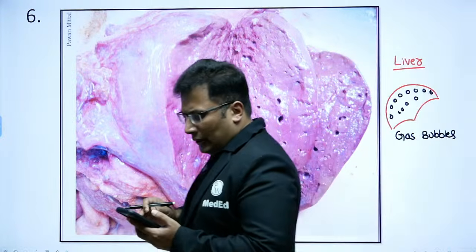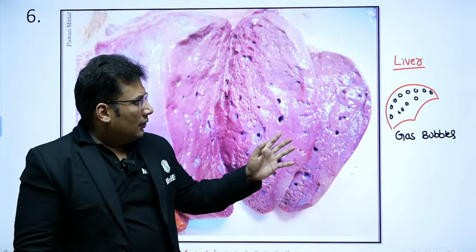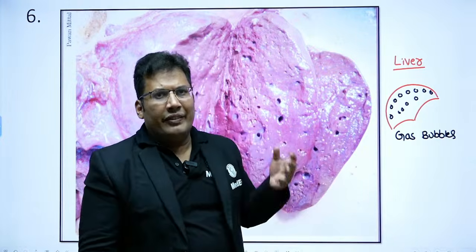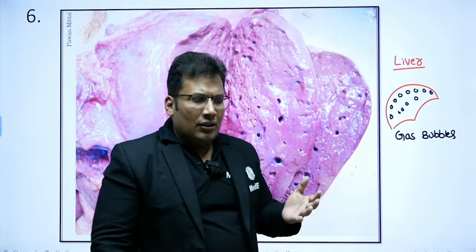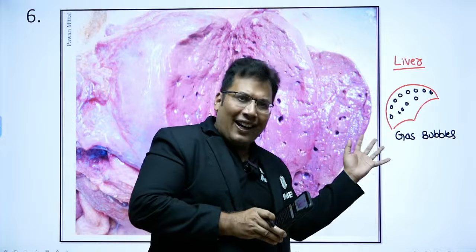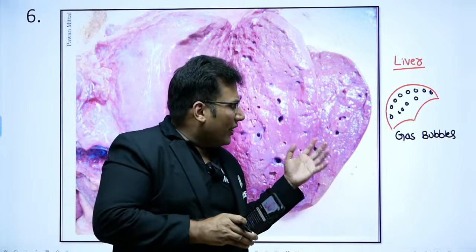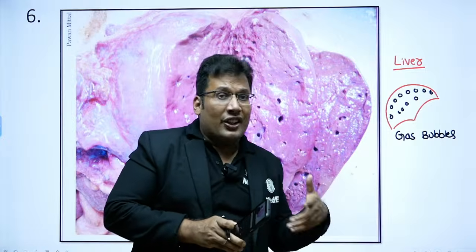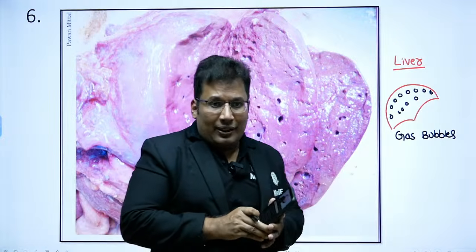Liver is the largest organ, the weight is around 1.5 kg. When you open the liver, at the cut section there are some gas bubbles. What is this appearance in advanced putrefaction known as? Very simple image based question.